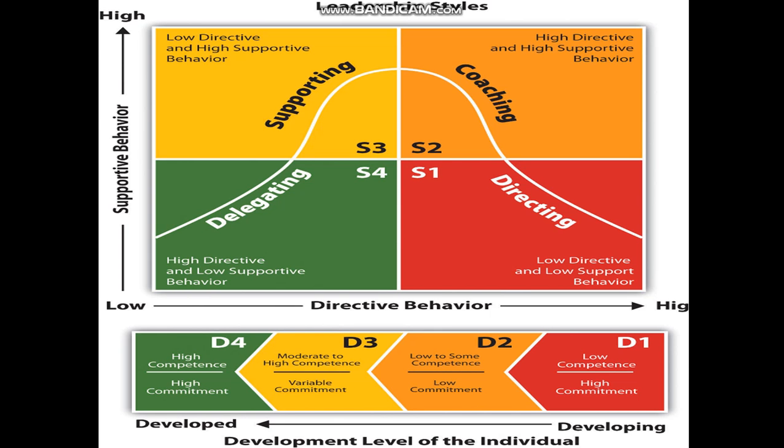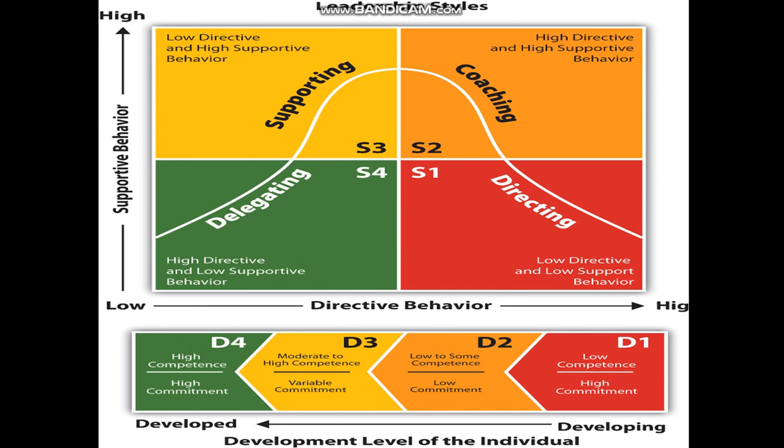They need no direction or support, only delegating the work. That is, give low task and maintain low relationship. That is only delegating the work. These are the 4 leadership styles.